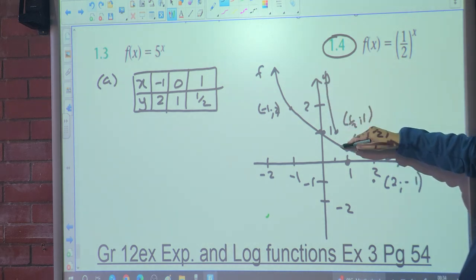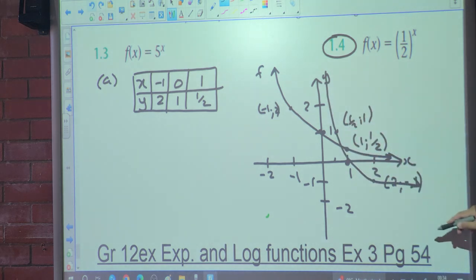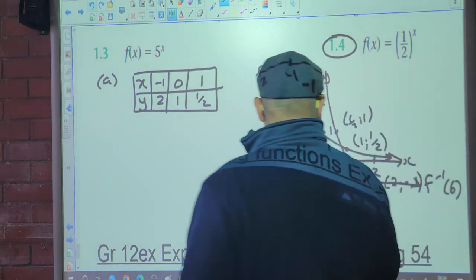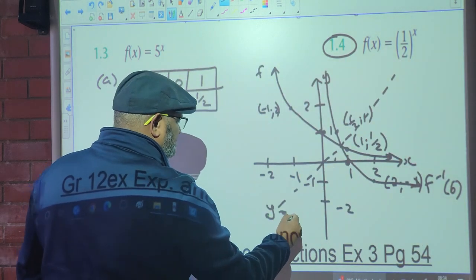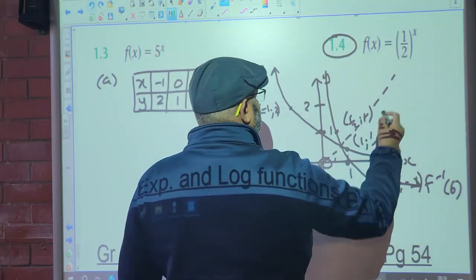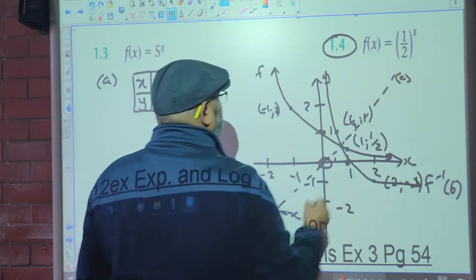Graph comes close, it doesn't touch. That is your inverse function. This is the B question. Then they ask you to draw in the line of symmetry, which is y is equal to x. Okay, that's your answer to C.